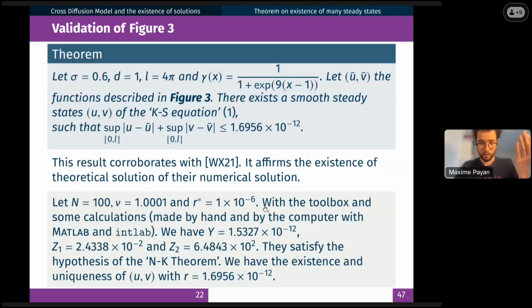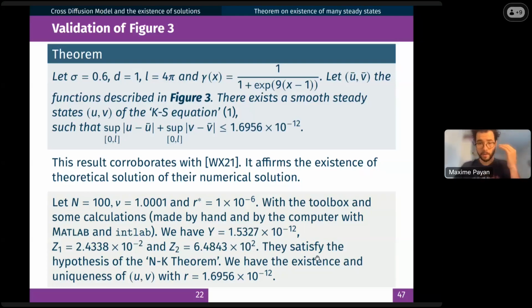With the toolbox and some calculations made by hand and by the computer with MATLAB and the library IntLab for interval arithmetic, we get y equal to this number, z1 indeed smaller than 1, and z2 not too big. We check that we have the hypotheses of the Newton-Kantorovich theorem, and then we have the existence and uniqueness of our theoretical solutions.